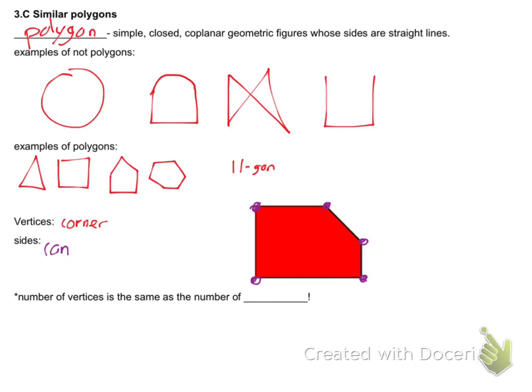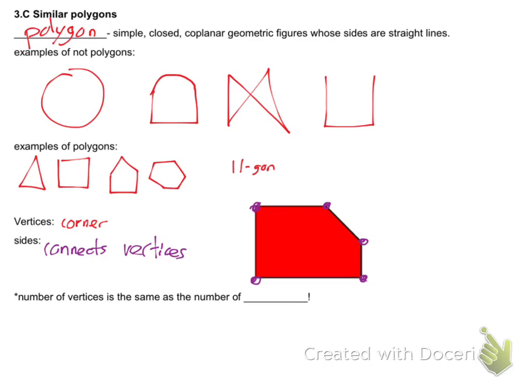How about, it connects vertices or corners? So our sides obviously are the things that are connecting them. They're going to be straight lines in these things.